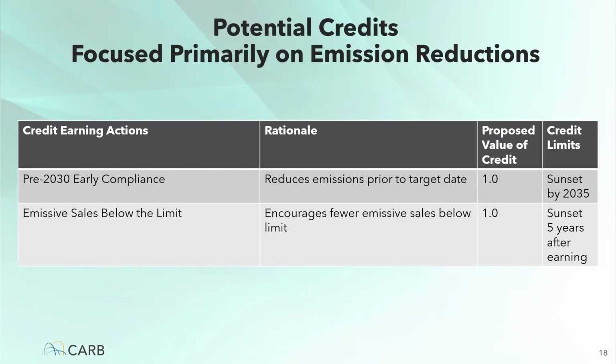These credits will sunset in 2035, meaning that manufacturers won't be able to use, bank, or trade these credits after that year. Second is for emissive sales below their annual limit. Each year that a manufacturer sells emissive units below their limit, they'll earn credits equal to the difference between their emissive equipment sales limit and their actual emissive sales.